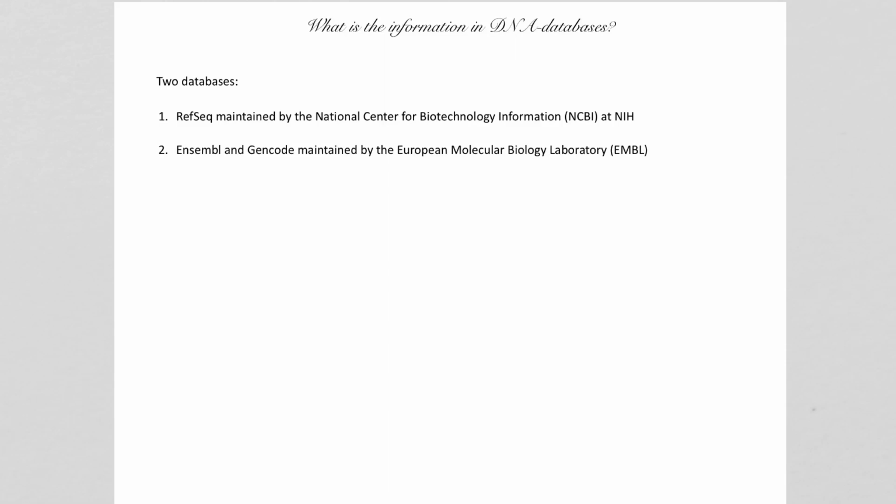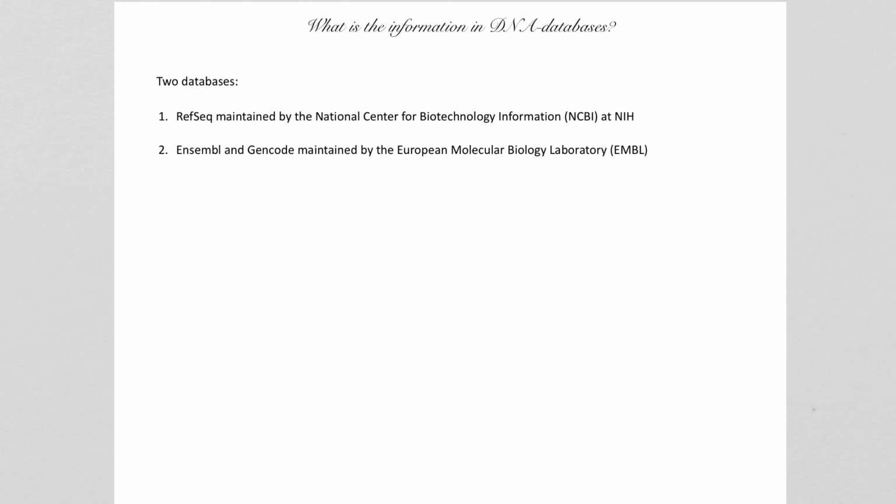Okay, now that we know what our DNA has to do and how it does it, now let's look at what is the information in our DNA. A lot of this work is still going on, and a lot of this information came out more recently.